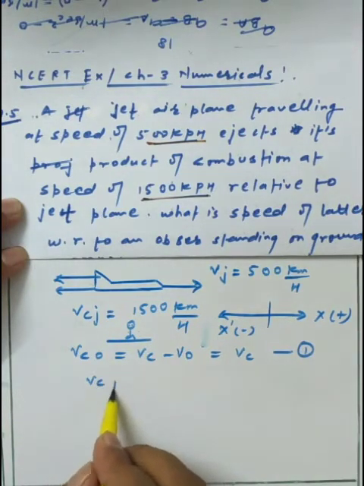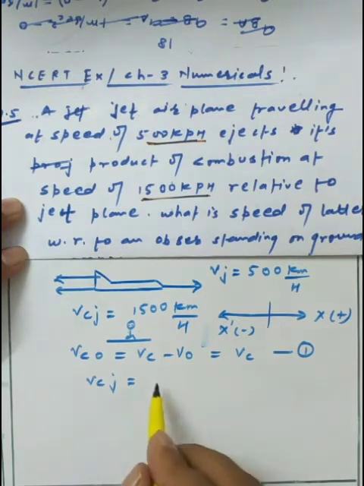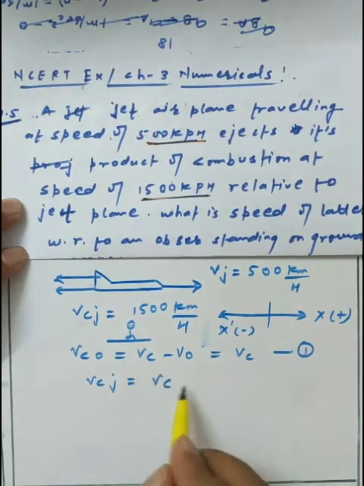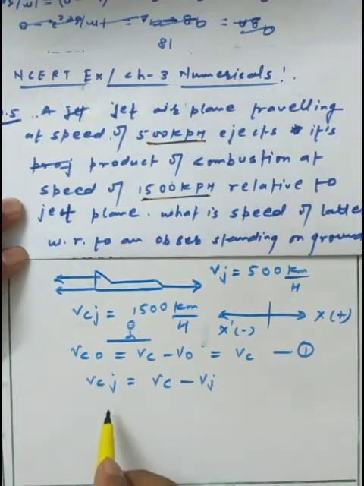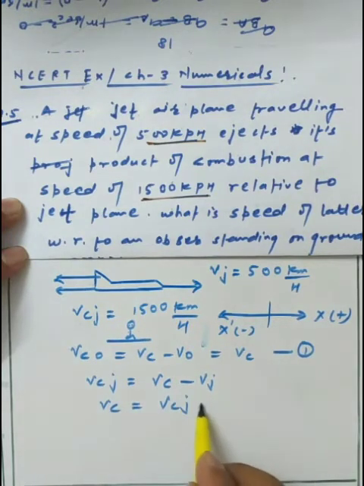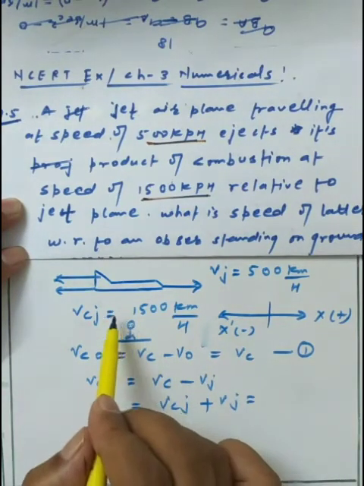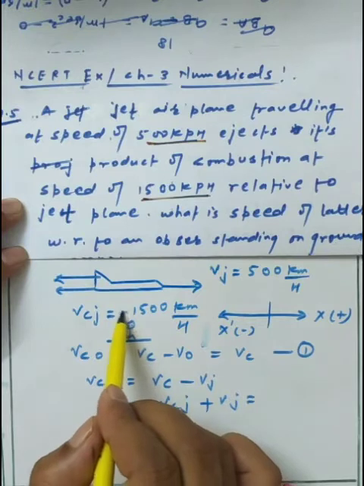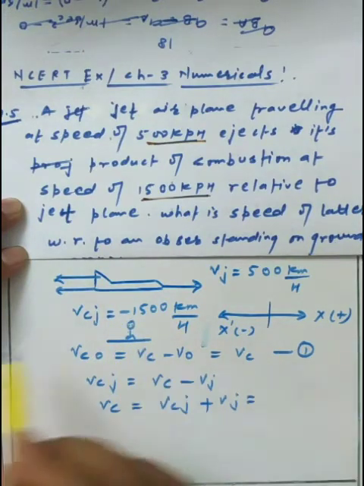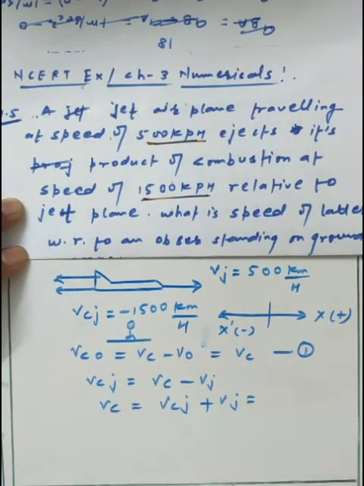Now we are given the velocity of the jet plane and the velocity of combustion with respect to the jet plane, so we write vcj equal to vc minus vj, and we calculate vc equal to vcj plus vj. Now we substitute the values. We apply the velocity of combustion with respect to the jet plane with a minus sign, because it is in the negative direction of the velocity of the jet.